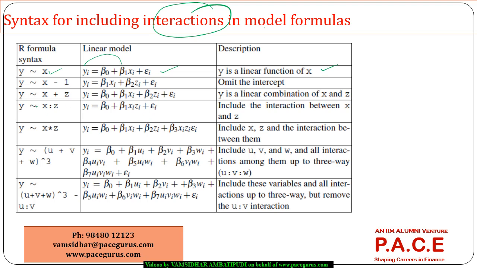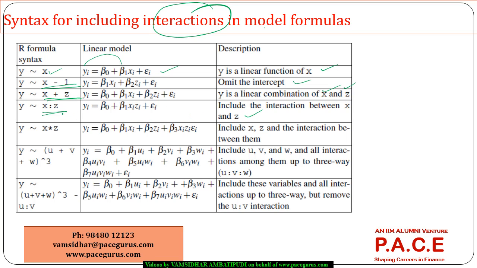But if I put y tilde x minus 1, it means I don't want the intercept term. I want to go only with the x term. If I put y tilde x plus z, then I am looking at linear combinations of x and z. X and z are the predictor variables which are trying to predict the dependent variable here. Then x colon z means we are including the interaction between x and z.